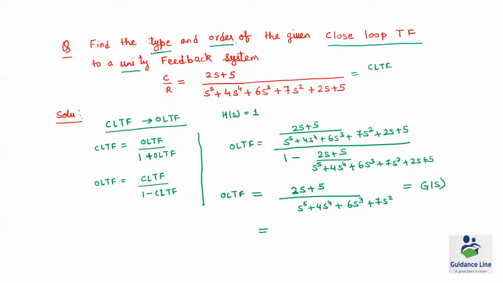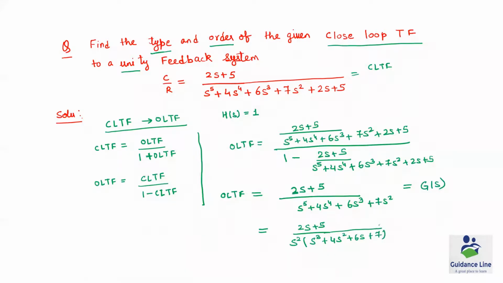So to find the type we need to look at the denominator of the equation, and from that I can simply take s^2 out of this polynomial and represent it as s^2 times (s^3 plus 4s^2 plus 6s plus 7).